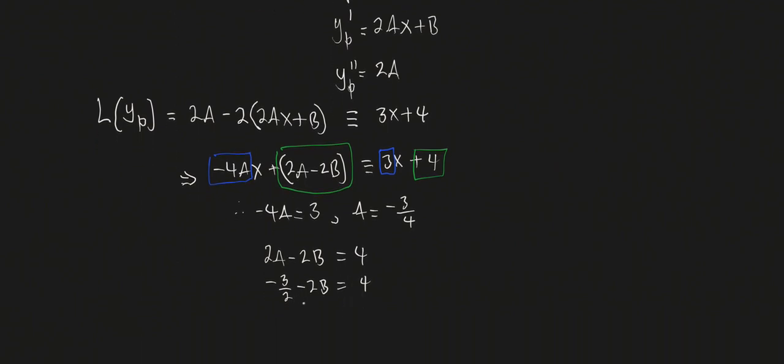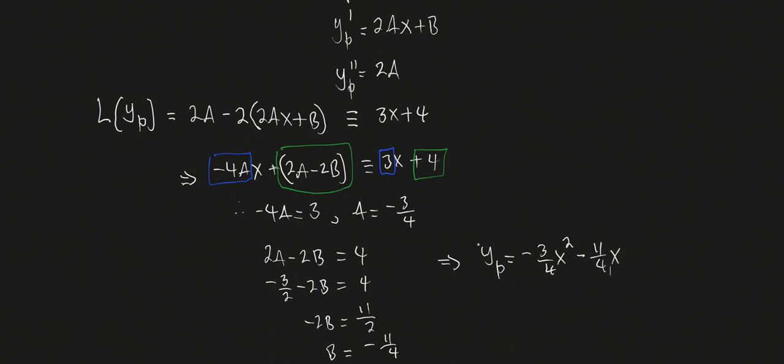So negative 2b is equal to 11/2, and then divided by negative 2, so b is negative 11/4. So putting this all together, my y sub p is equal to the a, so negative 3/4 x squared. This goes back into my modified guess, and then minus 11 over 4x.